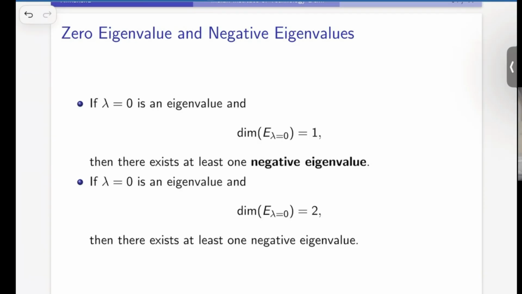But in the first bullet point, when lambda is 0 and the dimension of E lambda equals 1, there exists no negative eigenvalue. So please make a correction here. In the first bullet point, I have written the same statement, so there is a mistake. The correct statement is that there exists no negative eigenvalue.